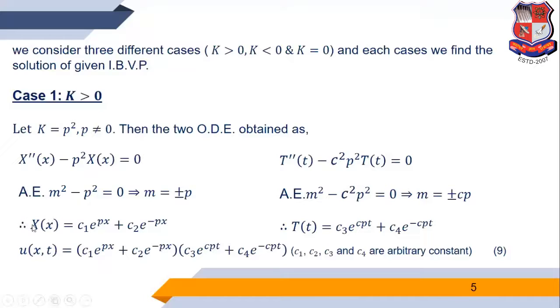So X(x) is real and different case here also. X(x) is c1 e^(px) plus c2 e^(-px), and c3 e^(cpt) plus c4 e^(-cpt) is equal to T(t). Therefore the general solution for the case k greater than 0, we get equation number 9, where all constants c1, c2, c3 are arbitrary.